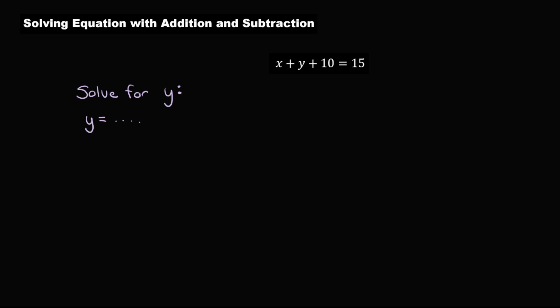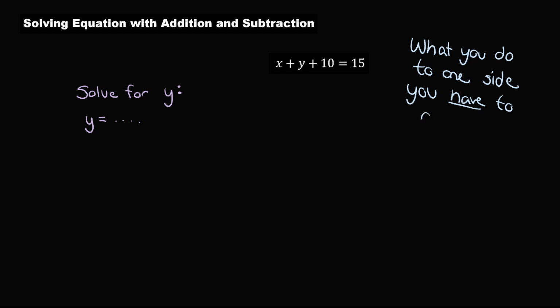The underlying rule for all of equation solving, with any single trick, addition, subtraction, multiplication, division, any sort of transformation to your equation, the underlying rule is what you do to one side, you have to do to the other.